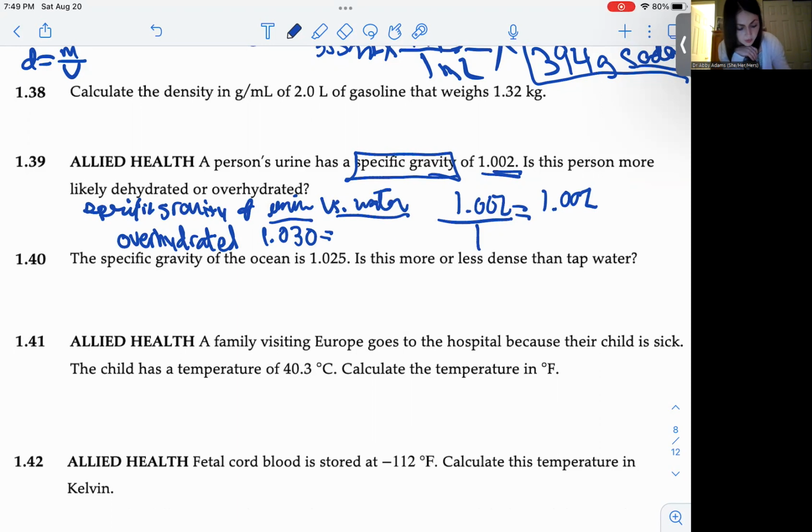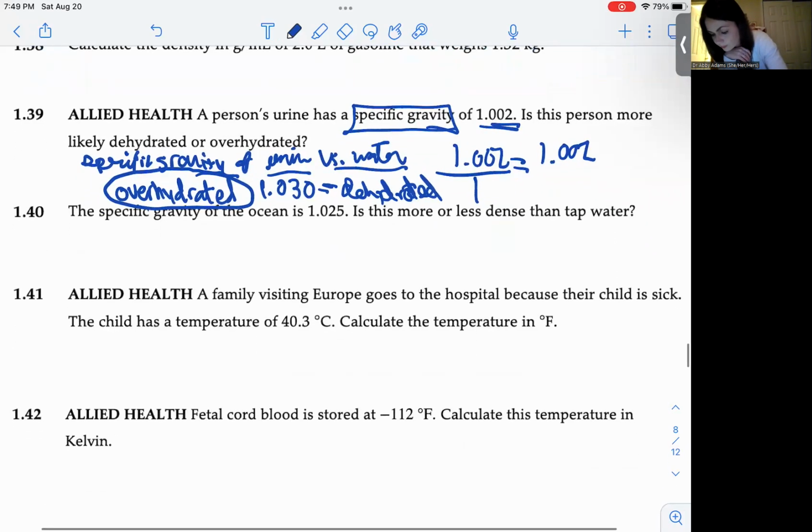All right. So the higher the number is, the more dehydrated that person is. So the answer here at 1.002 is they're more overhydrated, but they're really almost in normal range.